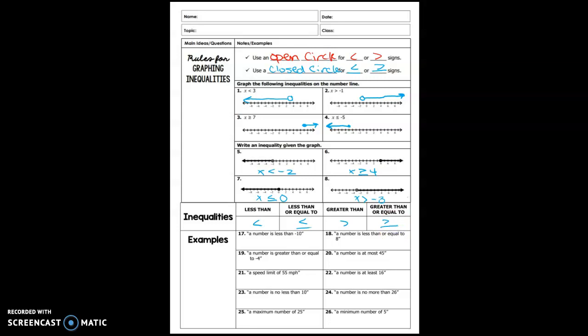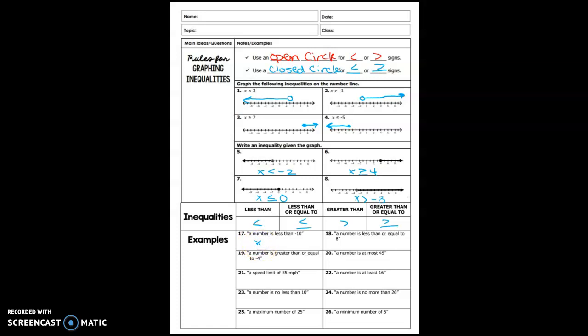For 17, I know the numbering is off on these, but I picked which problems I wanted to give you, so that's why. If we were to translate a number is less than -10, we start with x as our variable.